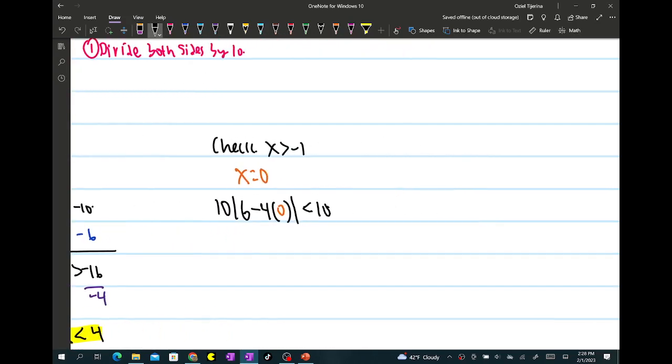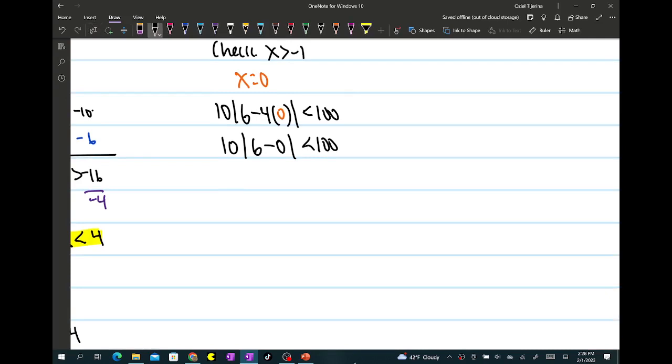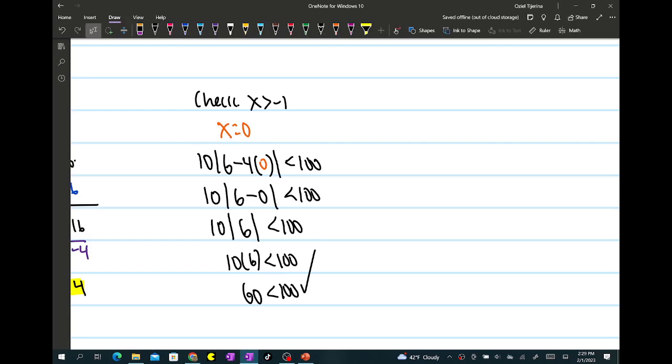Then I'll say 10 times the absolute value of 6 minus 0 is less than 100. So 10 times the absolute value of 6 is less than 100. I have 10 times 6 is less than 100, which is 60 less than 100, which is true. So this works. X is greater than negative 1 works.